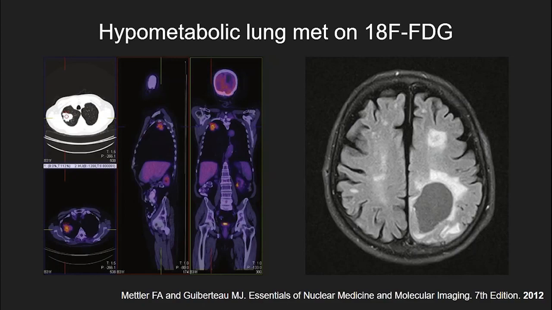On the right-hand side, you can see that the brain MRI, the FLAIR MRI image, demonstrates this brain metastasis very well with mild surrounding edema.